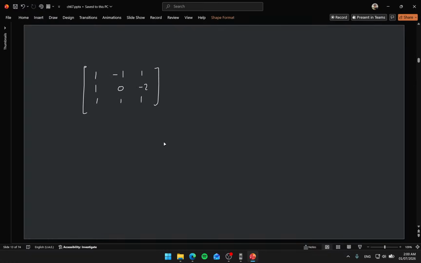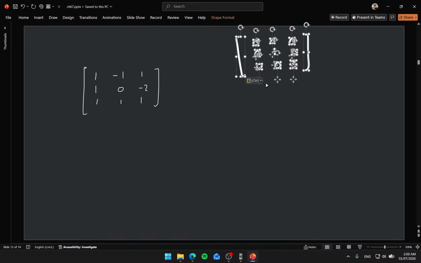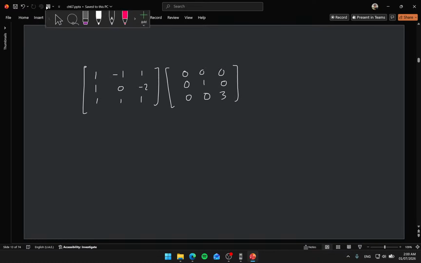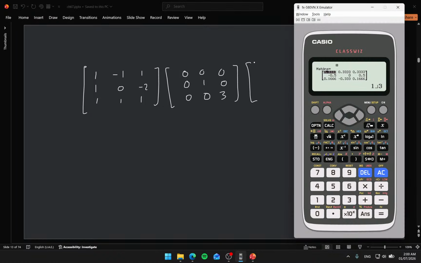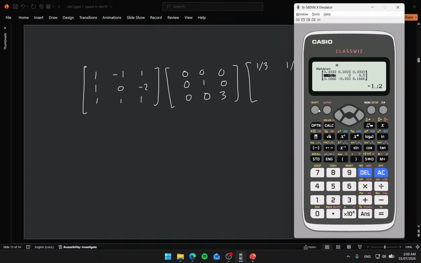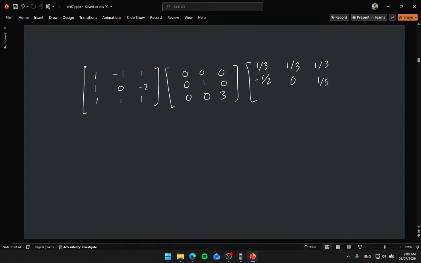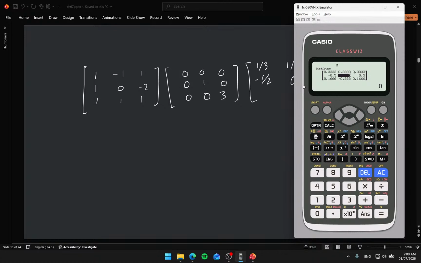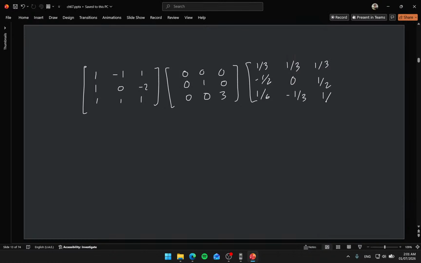Matrix P, matrix D and the inverse, which is 1 over 3, 1 over 3, 1 over 3, 1 over 6, negative half, sorry, this is half, over 6, negative 1 over 3, 1 over 6. That's, so that's, sorry, that's matrix A.